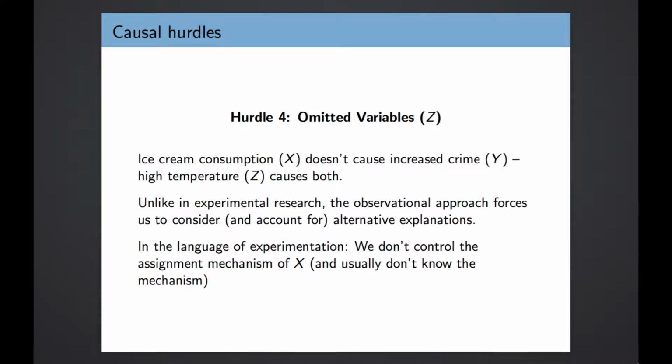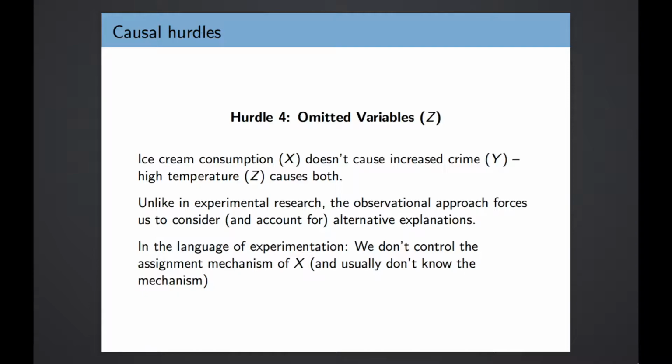The biggest obstacle to doing causal inference based on observational data, however, is the problem of omitted variables. So, you'll recall that in the experimental setting, random assignment is what allows us to find a causal relationship between x and y without worrying about confounding variables, because the control group and the treatment group are randomized, and so systematic differences between those groups have been eliminated by the random assignment procedure.